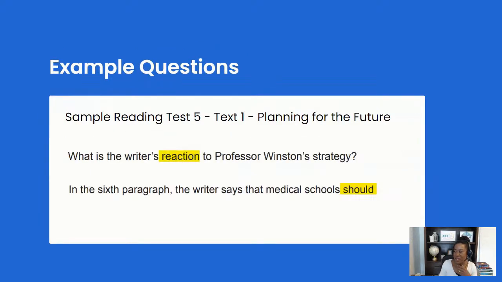Moving on to other examples, this sample test paper is Test 5 that you'll find on the OET website, and this is one that we're going to look at more closely throughout today's session. This text is about planning for the future.